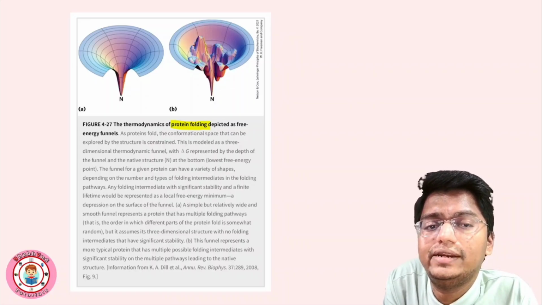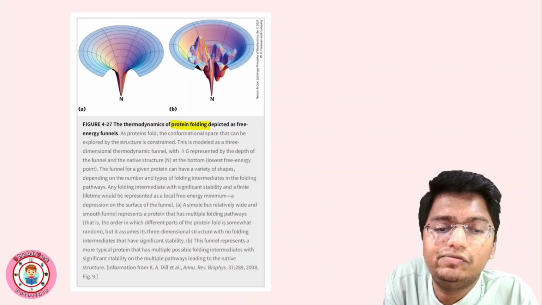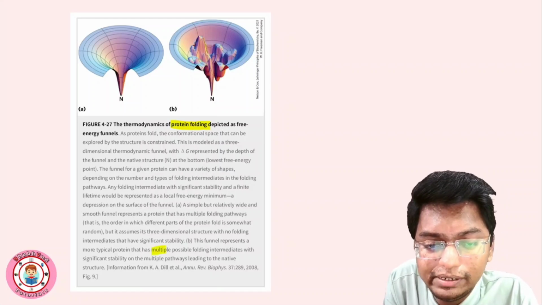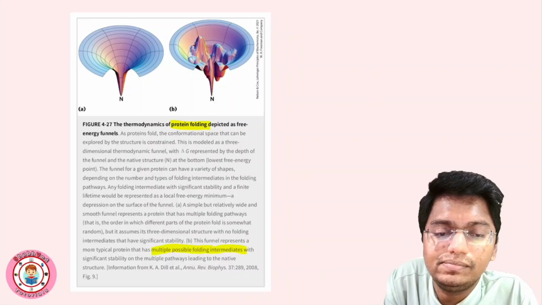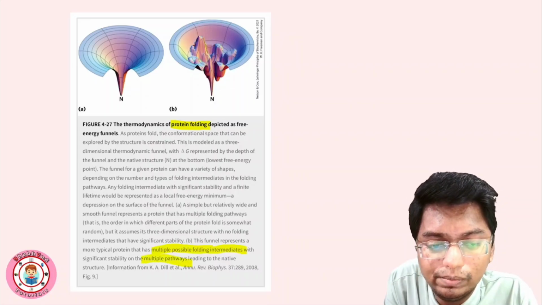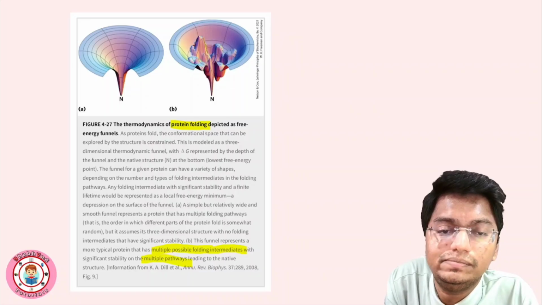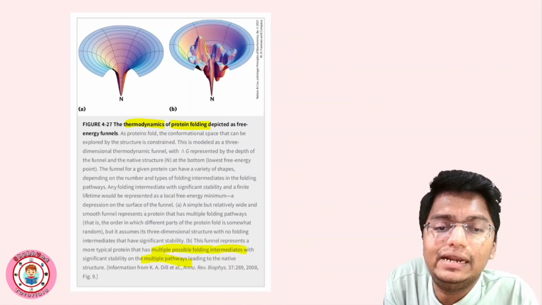Okay, there are no intermediates here. And the picture B here has many intermediates in the process of protein folding. But in picture B, multiple folding intermediates exist, right? And there are multiple pathways also, right? So here we see the dynamics, thermodynamics basically. Delta G is represented by the depth of the funnel.